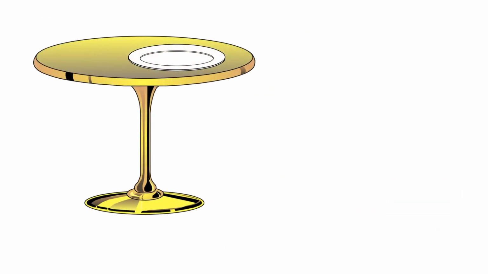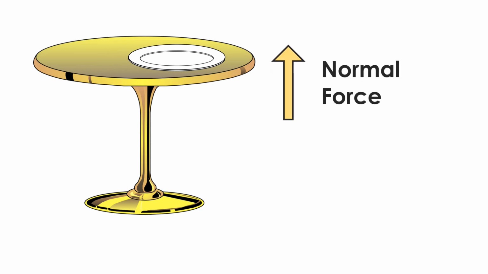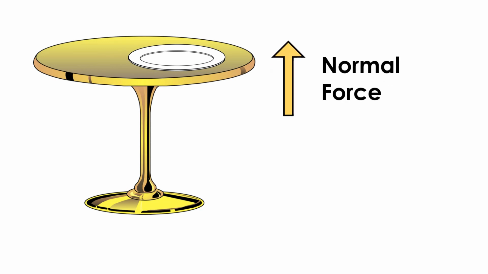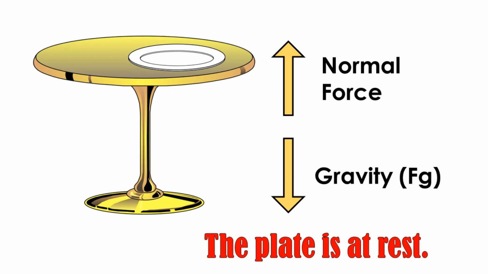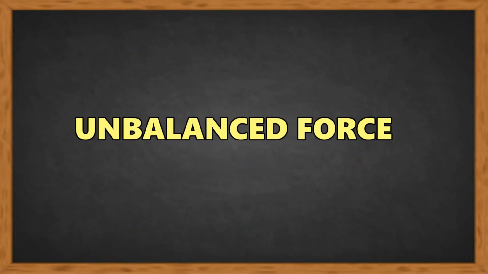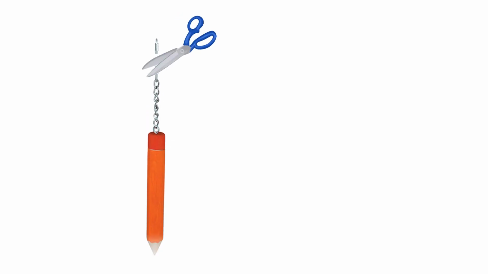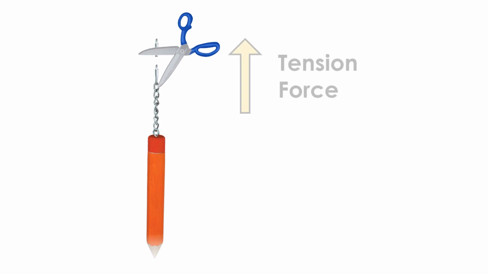A plate on the table. The upward force exerted by the table, known as normal force, is balanced with the force of gravity. Therefore, the plate is at rest. If you cut the string connected to the pen, it will fall.